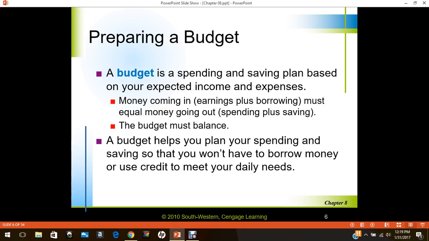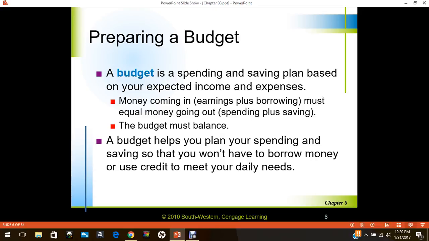Now, let's talk about preparing the budget. Preparing the budget is the first step towards achieving your financial goals. A budget is a spending and savings plan that's based on your expected income and your expenses.